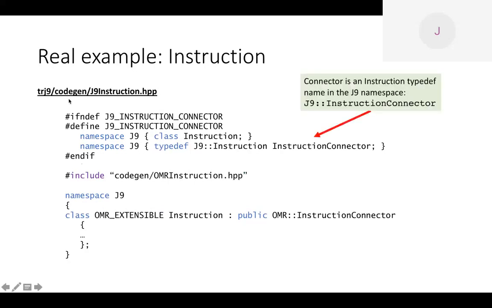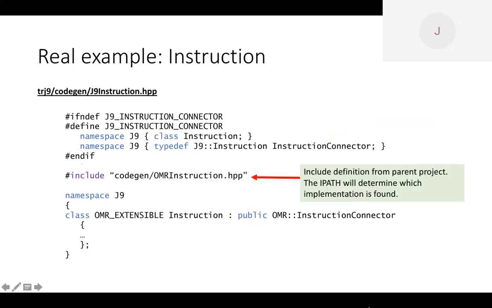And what it's doing is it needs to basically do the same kind of definition as you saw in the base class. So now we're in the J9 namespace, and you basically have to create a new instruction connector for the J9 project. So he's now creating a J9 instruction connector that at this point is pointing to just the J9 instruction.